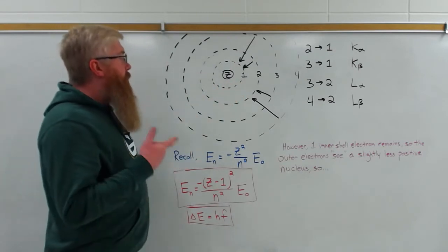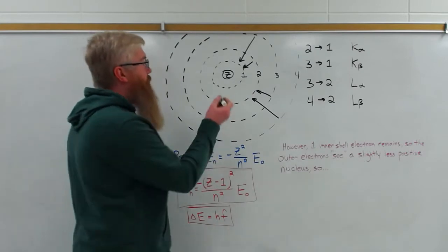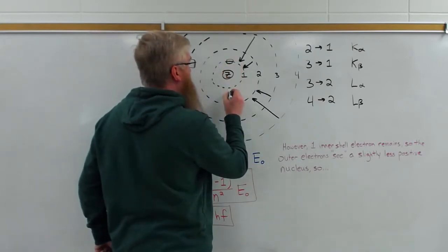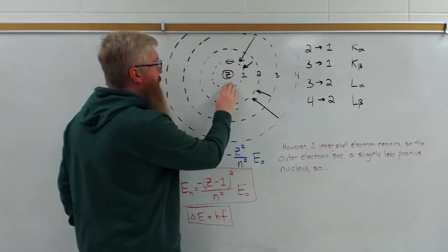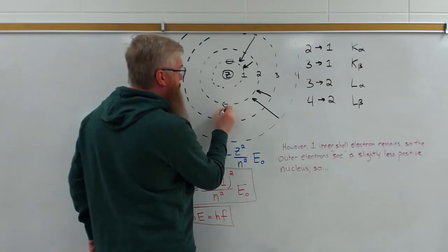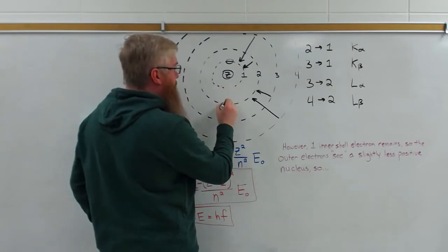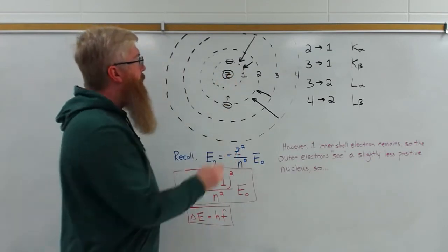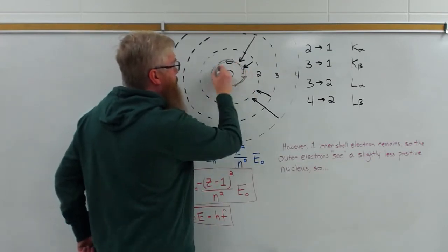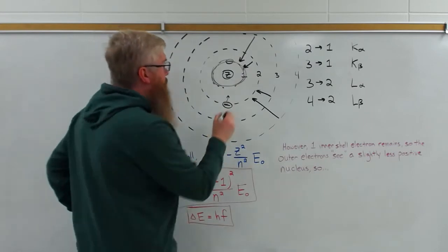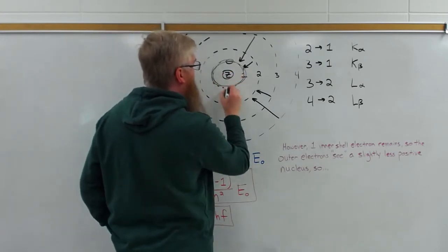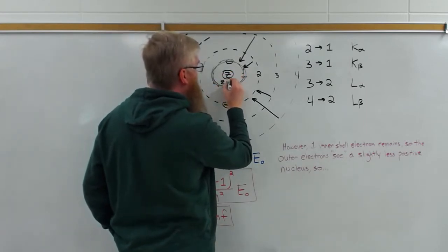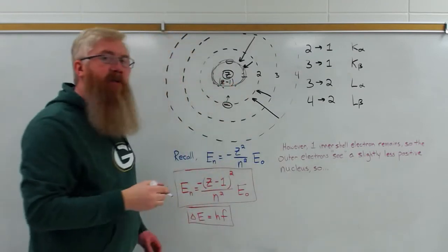Now, there's one problem though. There are only 2 inner shell electrons. We'll learn about that in just a bit. Only 2 inner shell electrons. So if you get rid of one of them, the outer electron here feels an attractive force, but it doesn't feel an attractive force of Z. There's still an electron here shielding Z. So really, it's as if the nucleus has a charge of Z minus 1, where Z is the number of protons.